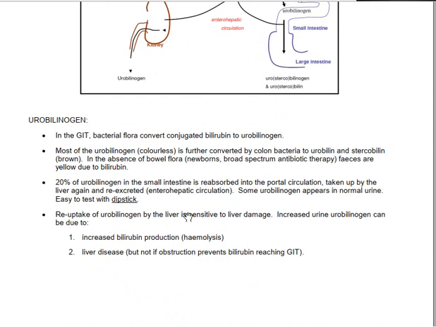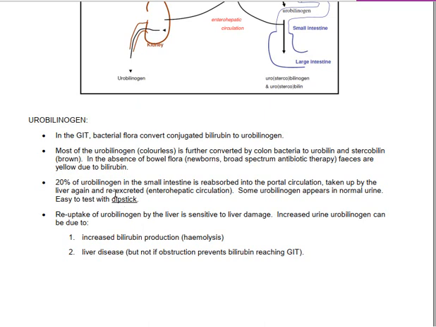Generally you need to know that 20% of urobilinogen is reabsorbed in the small intestine after its production, and you can visualize urobilinogen at the level of the dipstick. If you have a patient that has jaundice, and you want to know whether the jaundice is due to more conjugated or unconjugated bilirubin, we can use the urine dipstick.